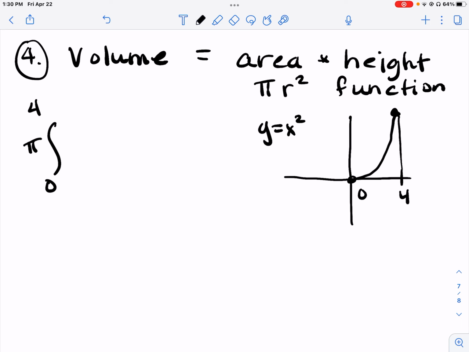So r is the radius, which is x, but x needs to be squared. The height is the function, which is x squared.